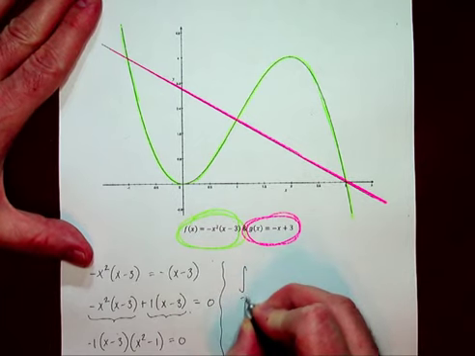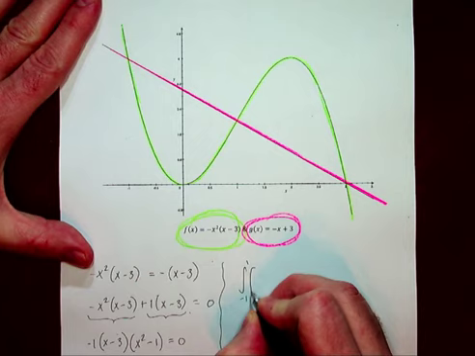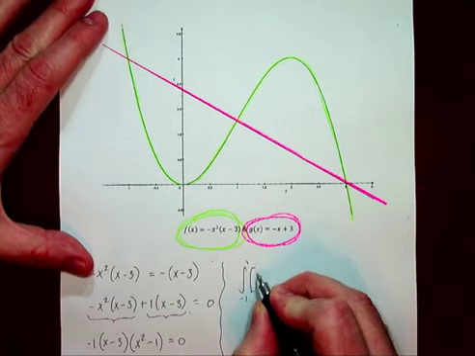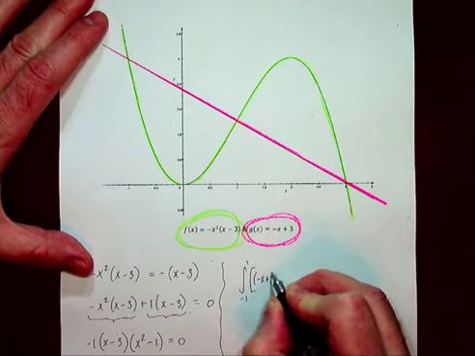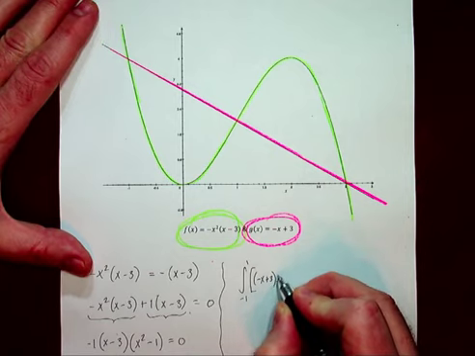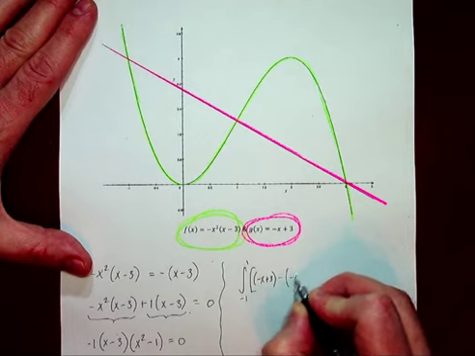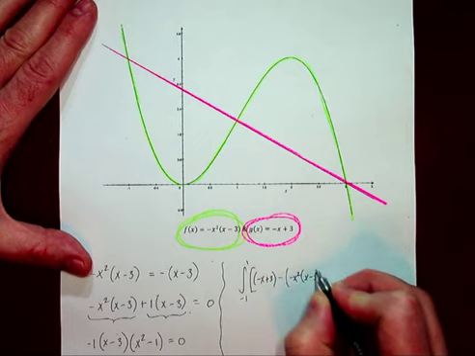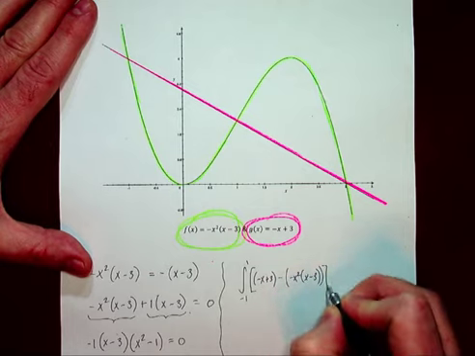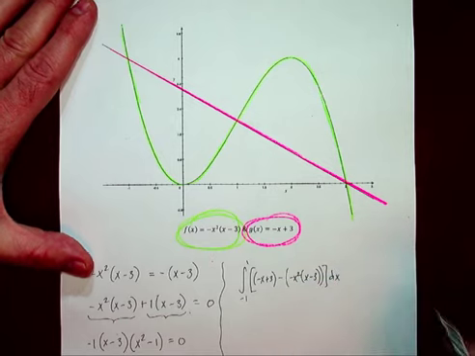Go from -1 to 1, okay, and I need my more positive one, negative x plus 3, minus my more negative one, which is negative x squared times x minus 3. I should have used braces, but whatever, you get it.